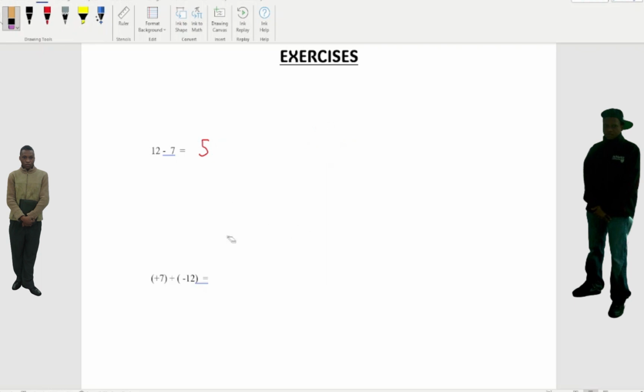Okay, so now the one on the bottom here, what you own here is 7. Now the 12, think of it, the plus is what you own, and minus 12 is like the debt.